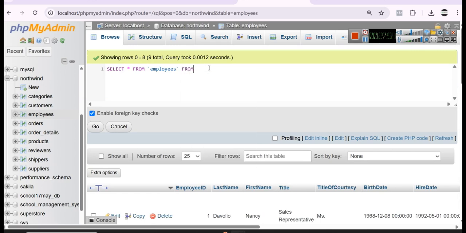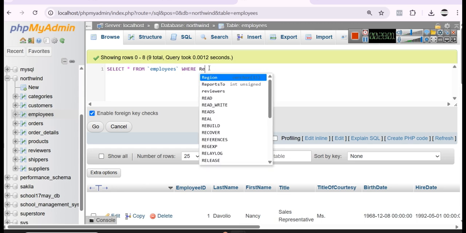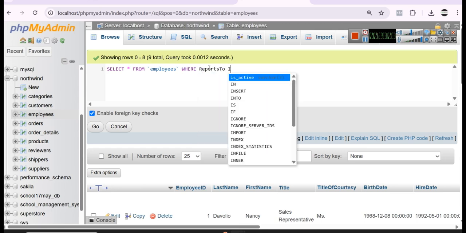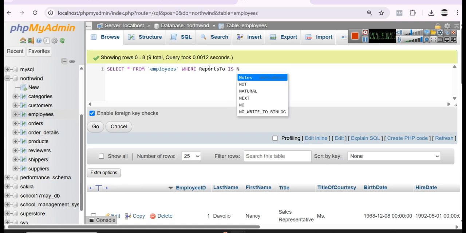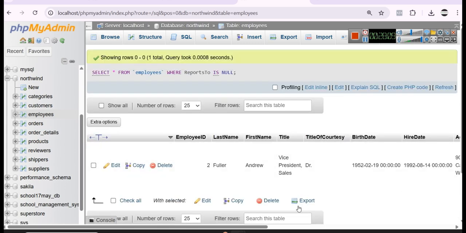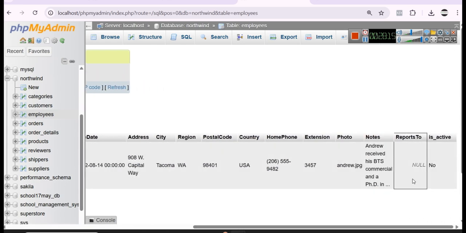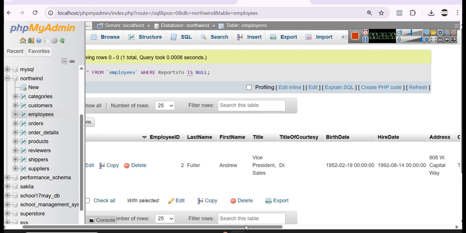So if we have to compare null, we will write select star from employees where report to is null. We will just write it like that. So here this is Andrew Fuller because he is vice president, so he is the head. So he reports to nobody. So this is how you will compare null.